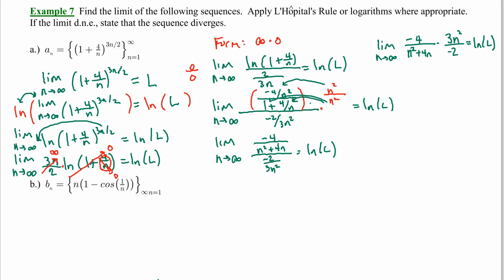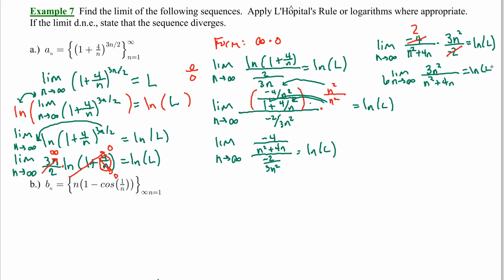That cures the complex fraction. Now, I'm going to reduce these constants and factor them in front of the limit operator to obtain 6 times the limit as n approaches infinity of 3n squared over n squared plus 4n.